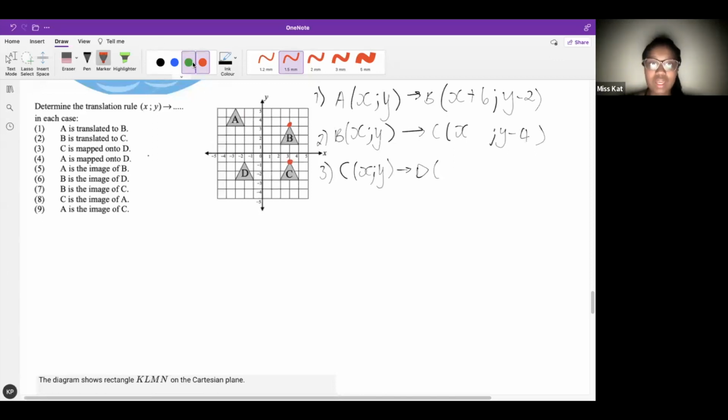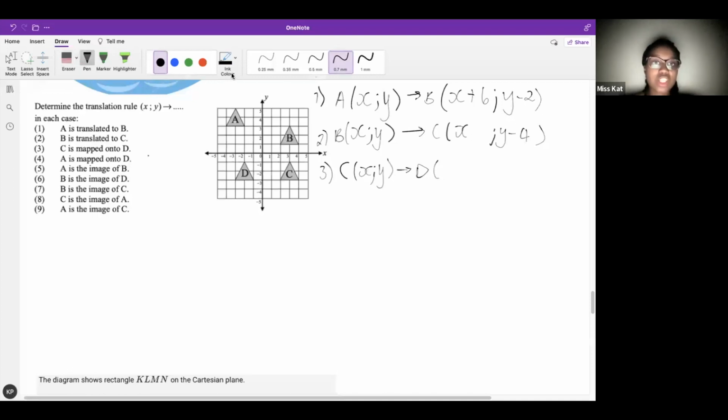I'm avoiding translating, let's say, this point to that point, because that would be incorrect. Do you agree? Yes, ma'am. So I'm saying choose the point that's the same on both shapes and use that one. Good. Nice question. I actually like that question. I'm sure a lot of people were wondering what's happening.